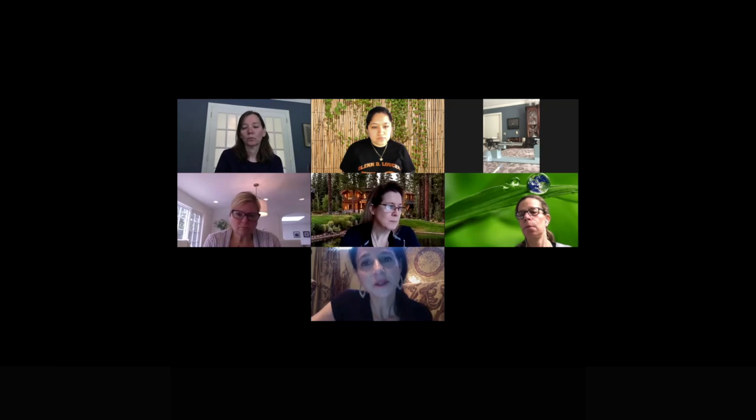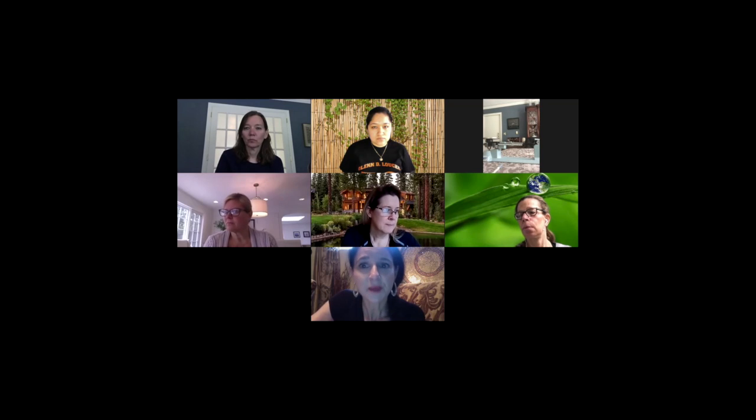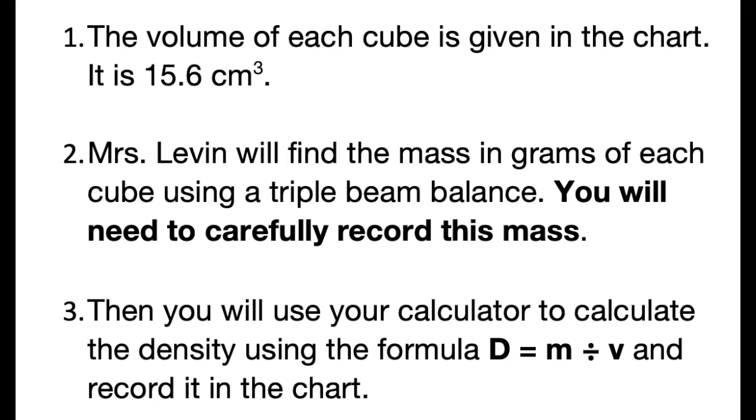Okay, boys and girls, let's read the procedure together. You can read right along with me. Number 1, the volume of each cube is given in the chart. It is 15.6 centimeters cubed. Number 2, Mrs. Levin will find the mass in grams for each cube using a scale or a triple beam balance.